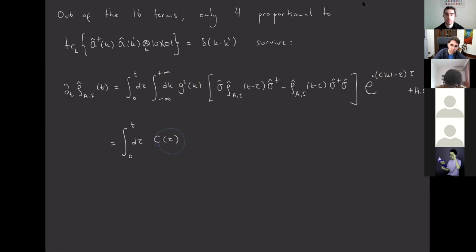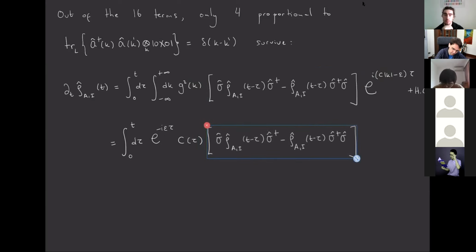All that we put together, and then we end up with an even more compact expression that looks like this. Perhaps I put the exponential first: minus i epsilon tau. Then a function that we call C that depends only on time, and then the same operator term and the Hermitian conjugate. Now what is this function C?